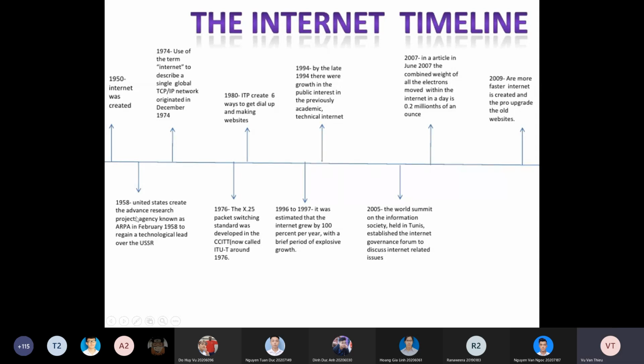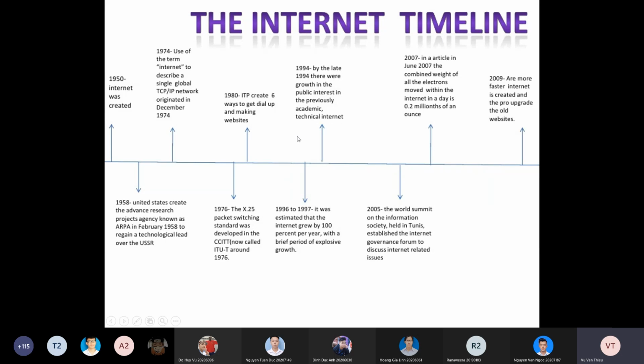This project studied how to connect computers in the armies of the USA, and in 1969, the first computer network was created in the USA, used for the army.